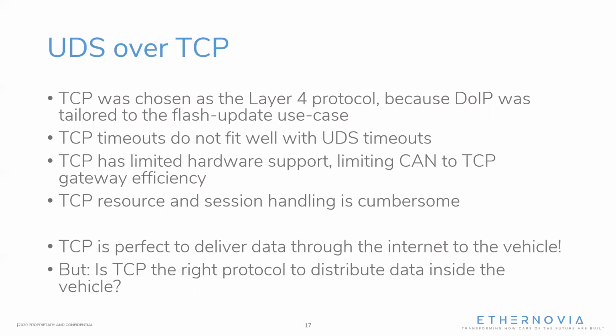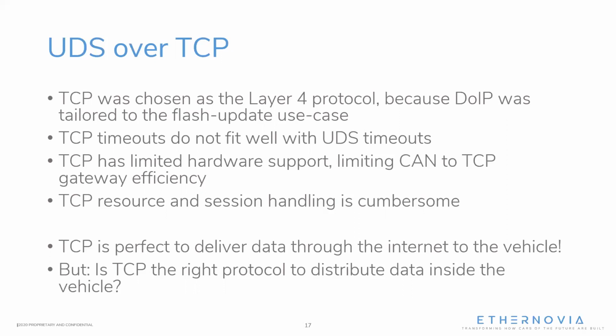Furthermore, when we look at the gateway problem, TCP has very limited hardware support, and therefore this TCP to CAN and backwards gateway is always limited by software efficiency. TCP also has quite an elaborate resource usage, and we need quite a bit of session handling.